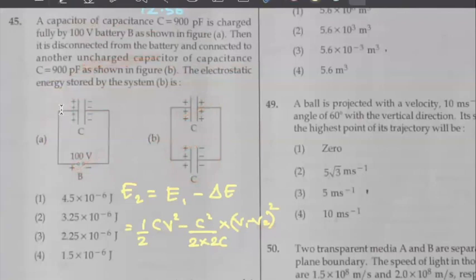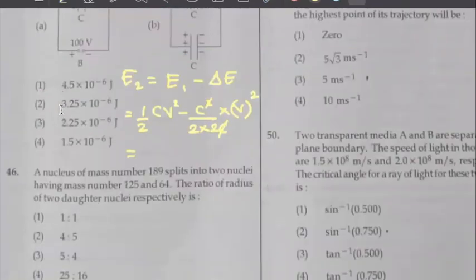So V1 minus V2 square is nothing but V square. C and C get cancelled off, so I have CV square common. I have 1 by 2 minus 1 by 4. So 1 by 2 minus 1 by 4 is 1 by 4. So the answer is CV square by 4.